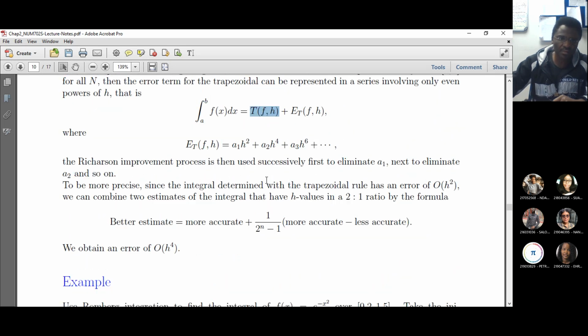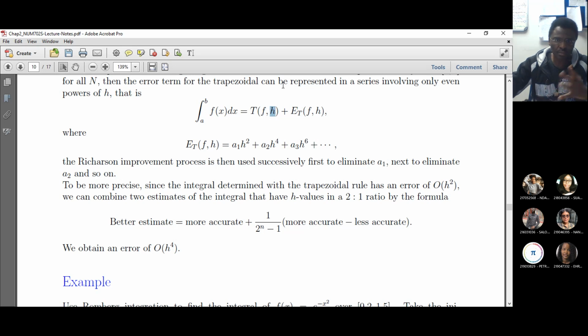Now let's look at what this formula tells us. We have the trapezoidal rule, which is given by this. We are going to estimate this same integral using successive values of h. That is, we use h and h by 2, or 2h.